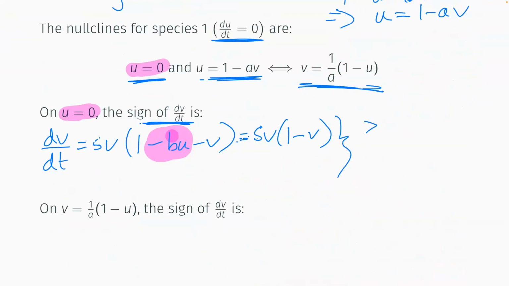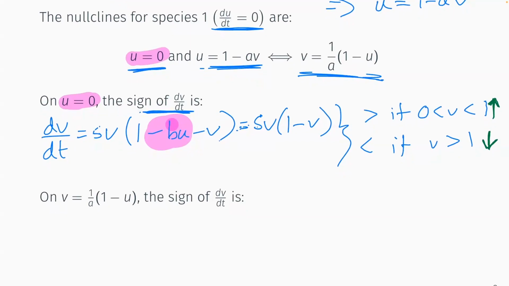So this is going to be positive if v is between 0 and 1, and negative if v is greater than 1. I don't care about the magnitude, just the sign. So when v is between 0 and 1, on this nullcline my arrows are going to point up. And if v is greater than 1, my arrows are going to point down.